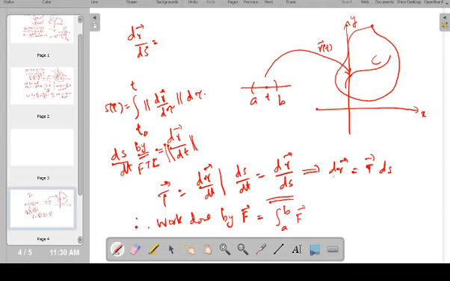So F dot dr becomes F dot T ds. That means work done by F is equal to the integral of the tangential component of F with respect to the arc length. F dot T means tangential component of F.